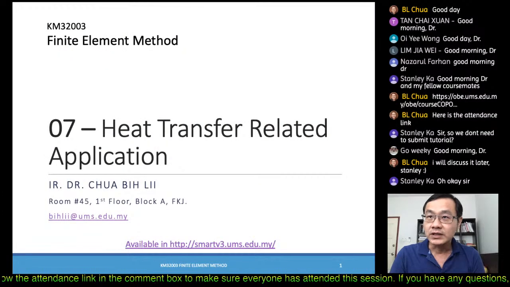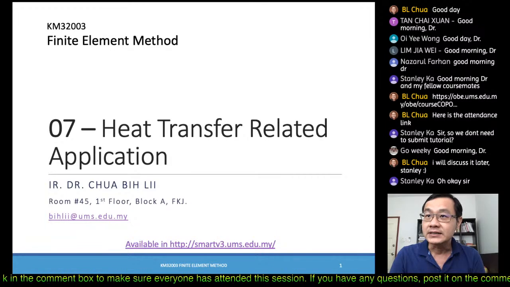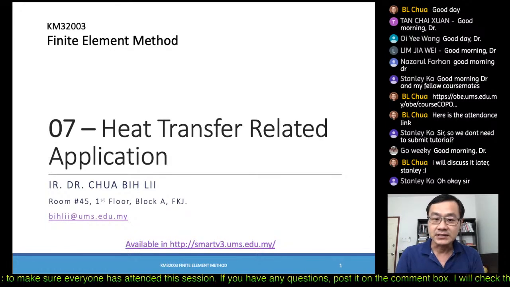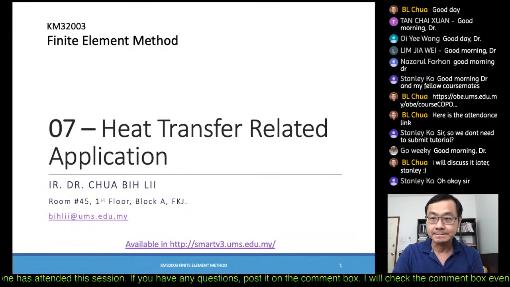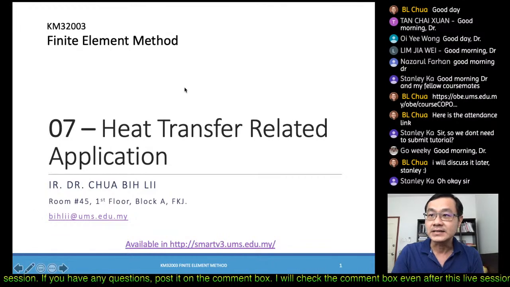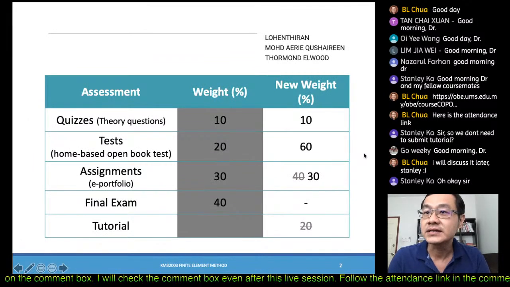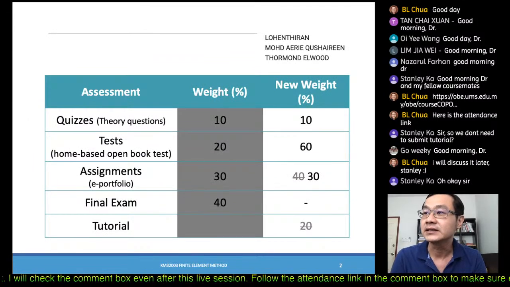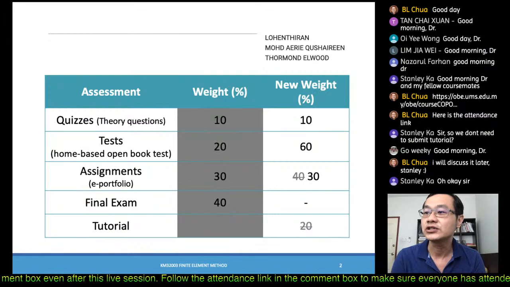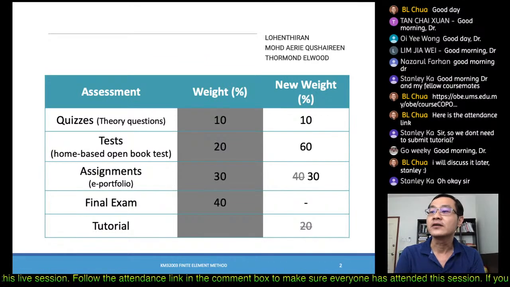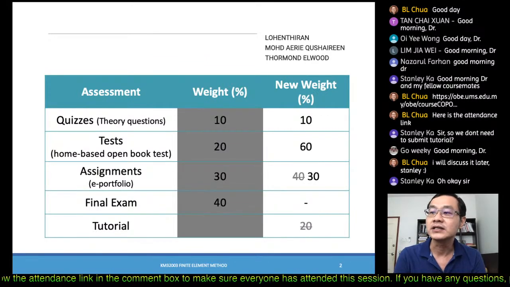So before we move on, as I mentioned, we will discuss the assessments. As you can see, I have updated the assessment weightage, whereas I have deleted the tutorials 20%.